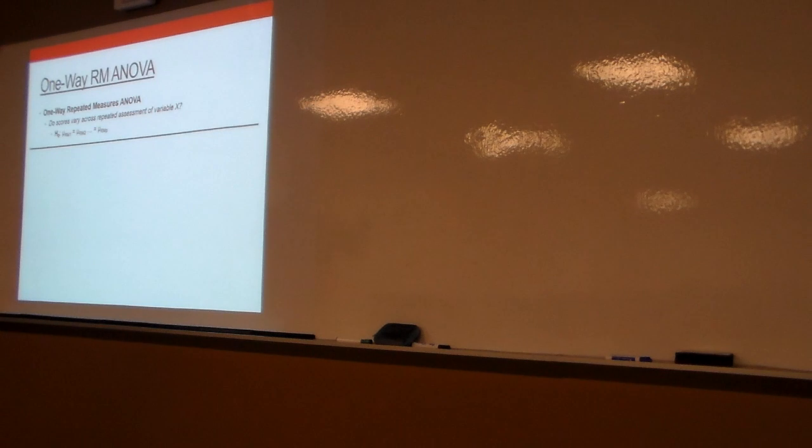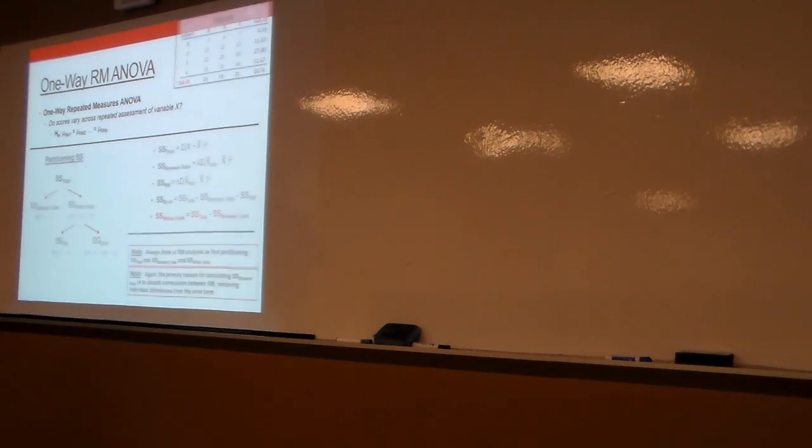If I measure this again and again, do we see systematic changes or systematic variability across these repeated assessments? So my null hypothesis here is that repeated measure 1 equals repeated measure 2 equals repeated measure 3, and so forth. All right.